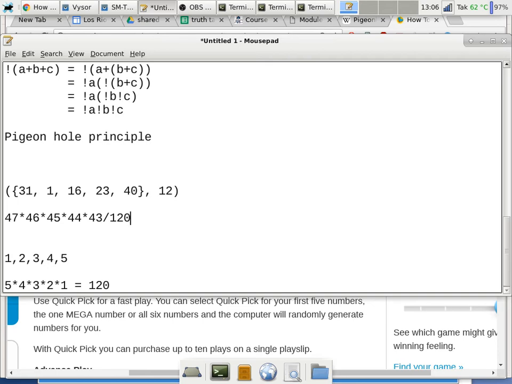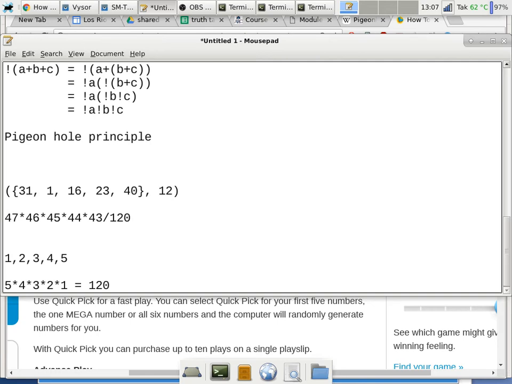The denominator is saying, but you end up with a lot of duplicates, because the ticket 1, 2, 3, 4, 5 is really the same as the ticket 5, 4, 3, 2, 1, which is the same as 1, 2, 3, 5, 4, and so on. Out of 5 actual numbers, how many ways can we shuffle and represent it? It turns out to be 120. So when you divide this number by 120, you get the actual number of subsets of 5 elements to choose out of 1 to 47.